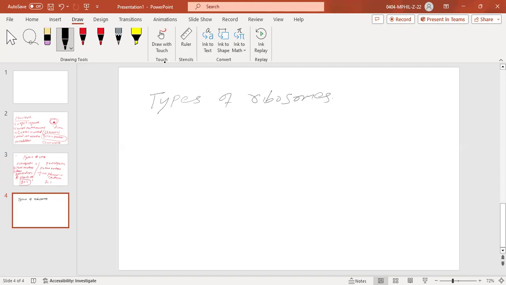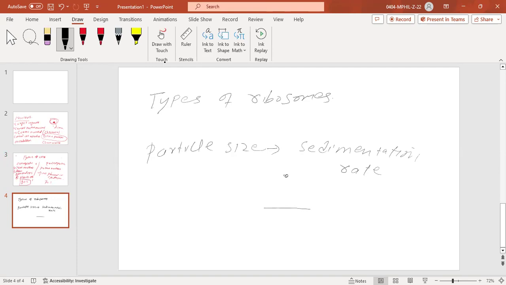How will you differentiate? On the basis of particle size. And how do we determine this particle size? Based on the sedimentation rate.